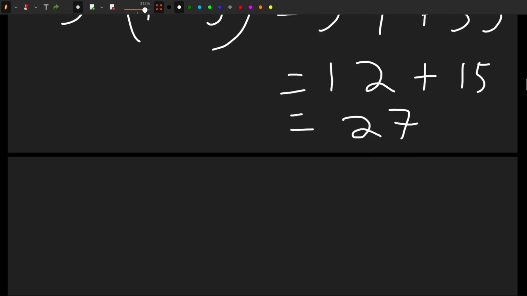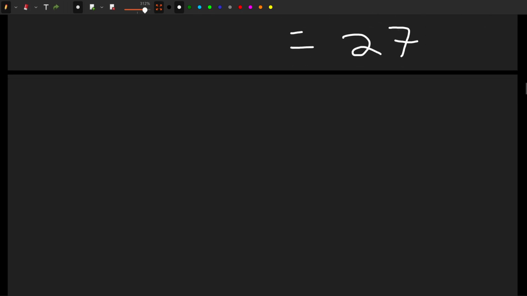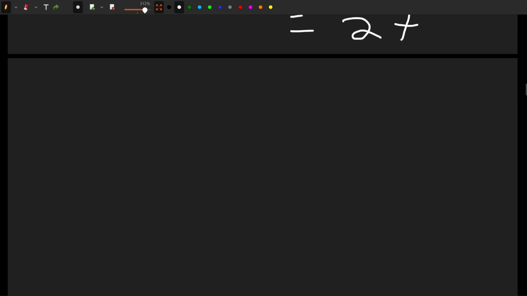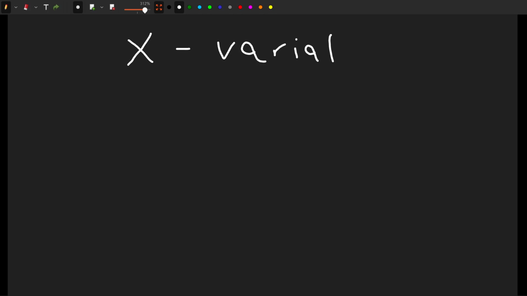One other basic math concept, and this one I think is pretty simple, I'll just add it at the very end here, is combining like terms. Suppose now we have a variable x. So if x is a variable, which means it can be basically any number, but I just don't know what that number is, then I can combine like terms.